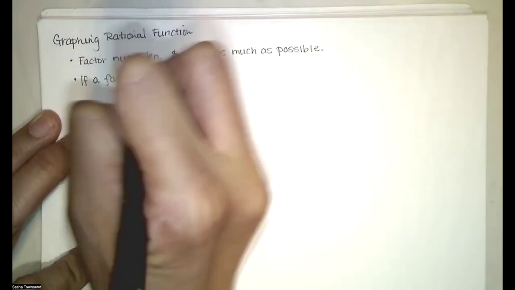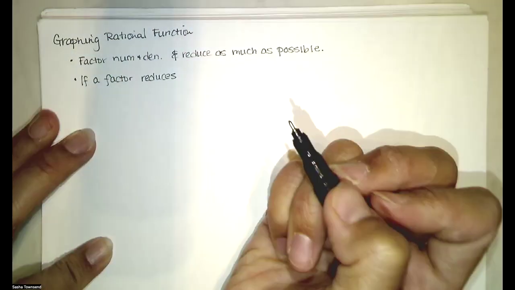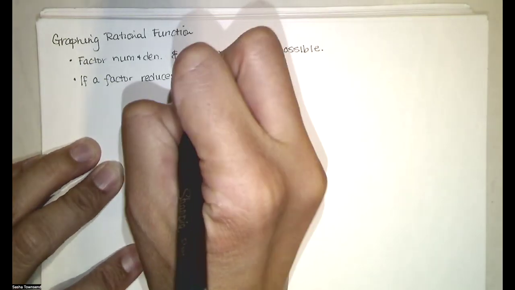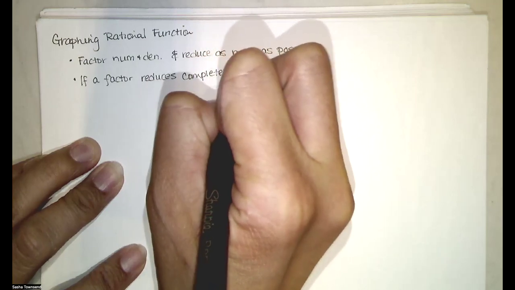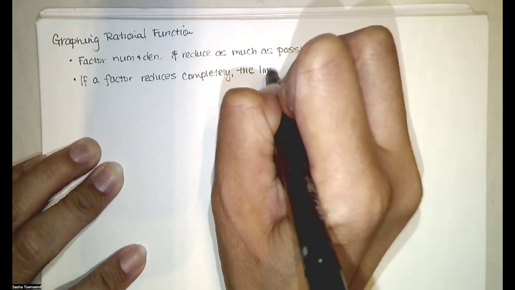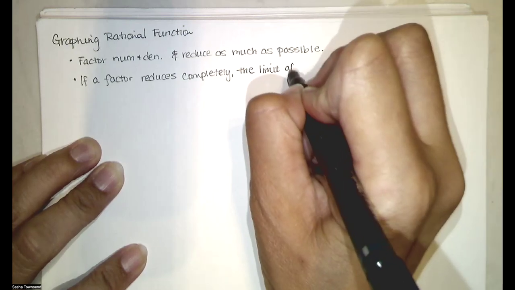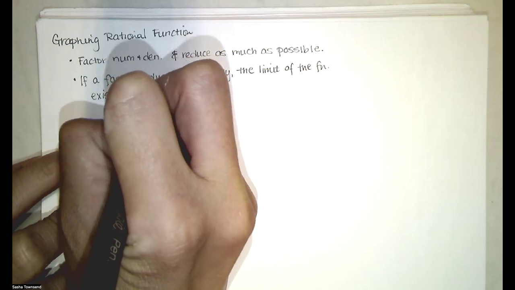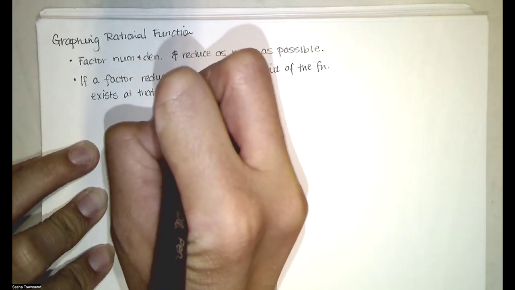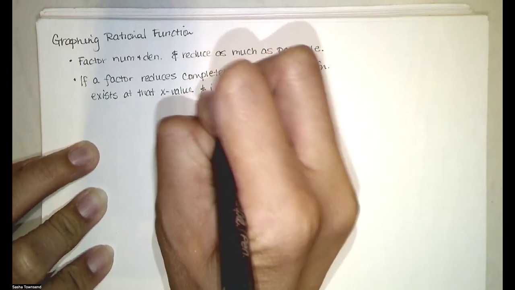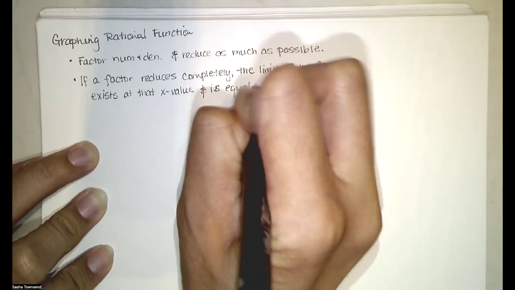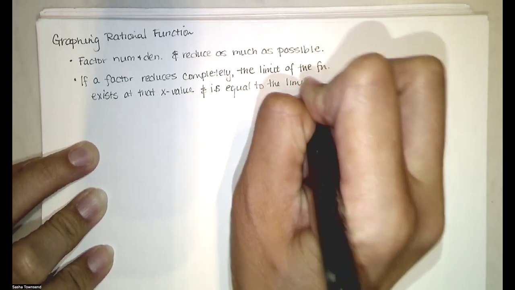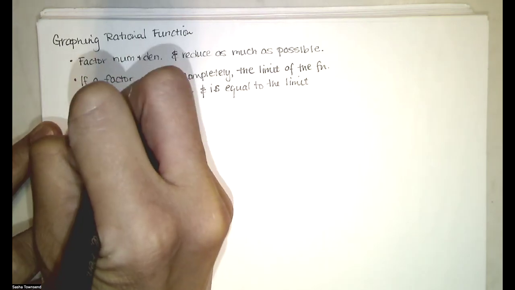Now, if a factor reduces completely, so it's no longer present in the numerator or denominator after you reduce common factors, the limit of the function exists at that point, and it's equal to the limit of the simplified function.